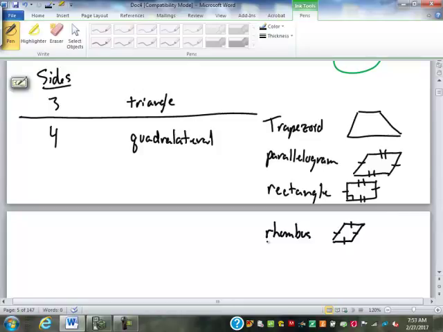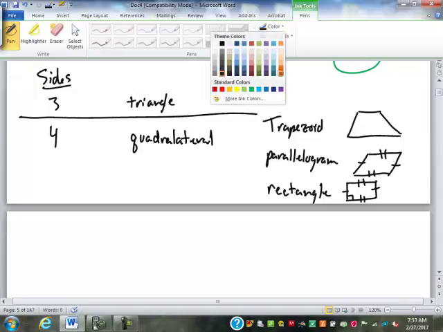The reason I wanted to put that in there before I talk about a square is a square can be defined one of two ways. A square can be defined as a rectangle with all 4 sides equal, or it can be defined as a rhombus with a right angle. Either way.